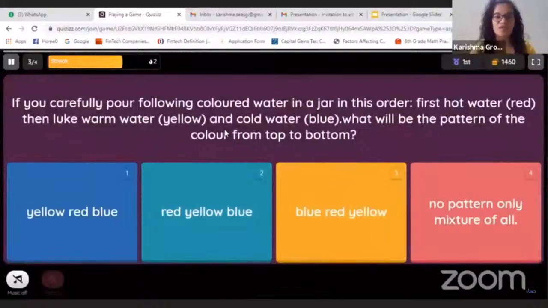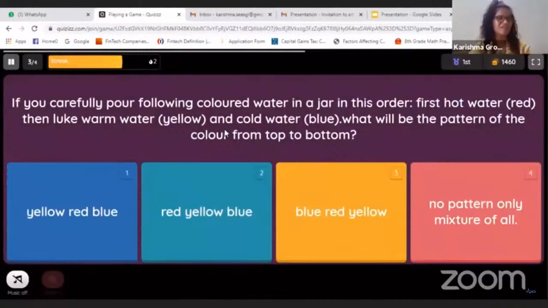Okay, if we carefully pour the following colored waters in a jar in the order, first hot water red, then lukewarm yellow, so hot is at the bottom, lukewarm at the middle, that is yellow, and cold water is up, blue. What will be the pattern of the color from top to bottom? Do you think we'll have a pattern of colors? Because hot water is down, cold water is up, and lukewarm in the middle.